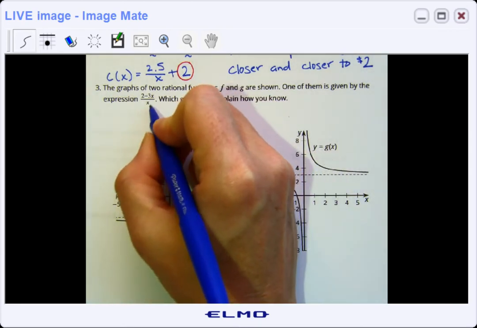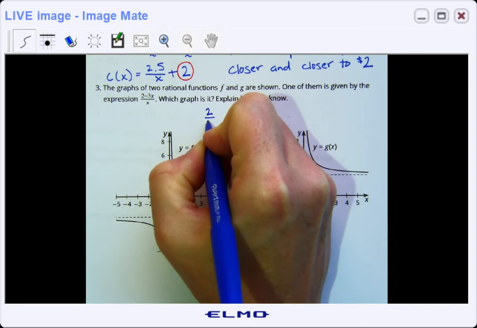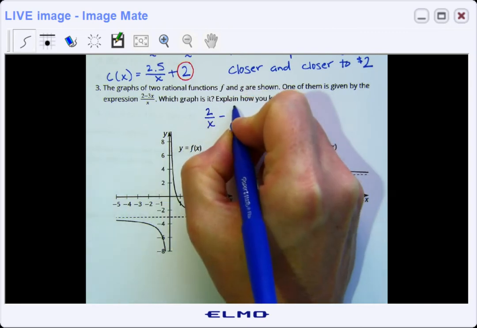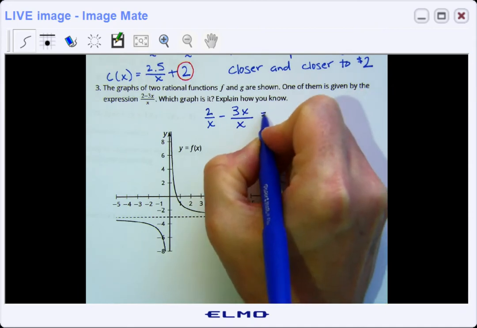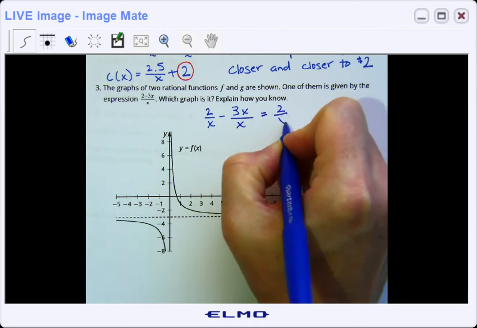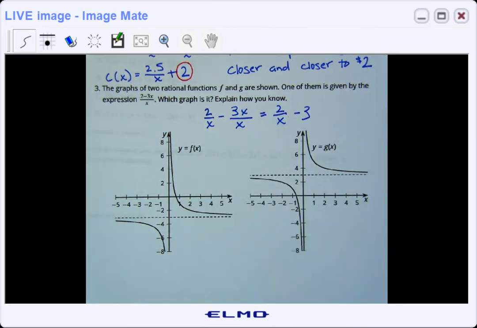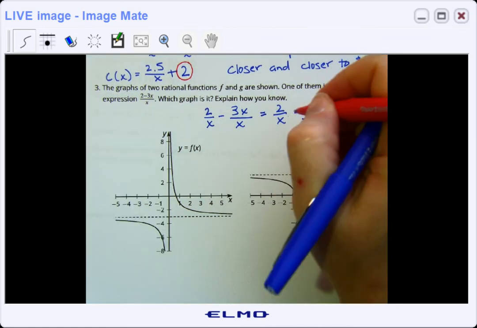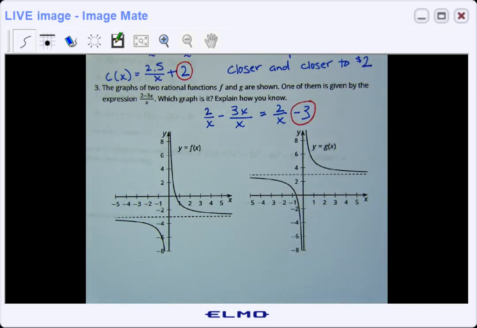So I'm going to divide both of these terms by x. So 2 divided by x minus 3x divided by x, and that is equal to 2 divided by x minus 3. So I know that there is going to be a horizontal asymptote at y equals -3.